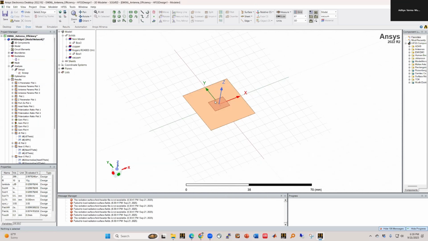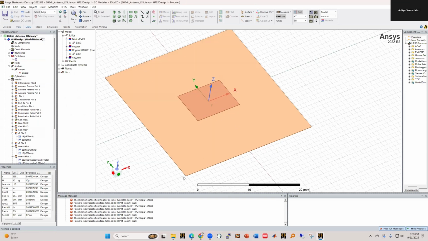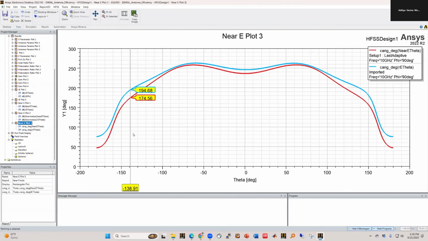So should D be the size of the patch, or should D be the size of the ground plane? That's usually something that people don't think about. But from here, we can clearly see that the far field distance is around 60 millimeters, right? So you can set 60 millimeters equal to 2D squared over lambda, solve for D, and D will turn out to be around 30 millimeters, okay?